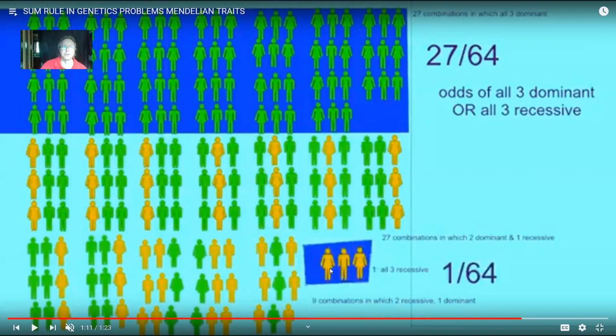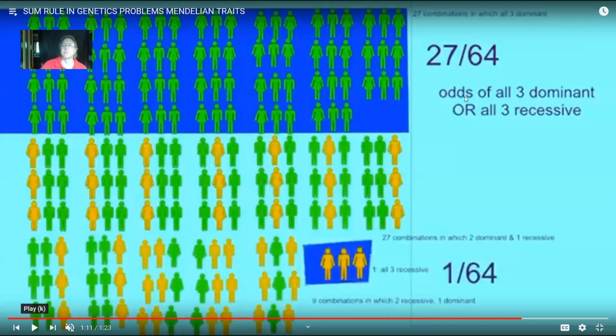What are the odds that the first child has the recessive trait? 1 in 4. And the odds that the second child has the recessive trait? 1 in 4. And the odds that the third child has the recessive trait? 1 in 4. 1/4 times 1/4 times 1/4, that's 1/64. That's the odds that they will be recessive. Now, you got this number by the product rule, that number by the product rule.